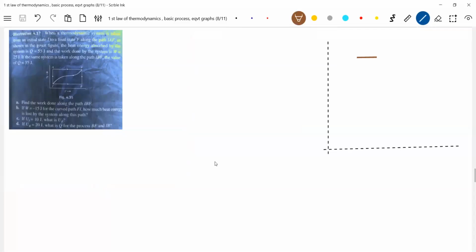Okay, we have a curve, and we have a curved one here.